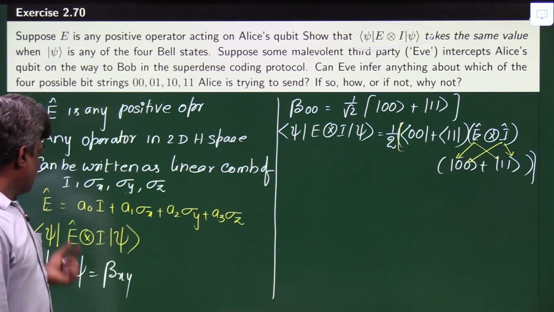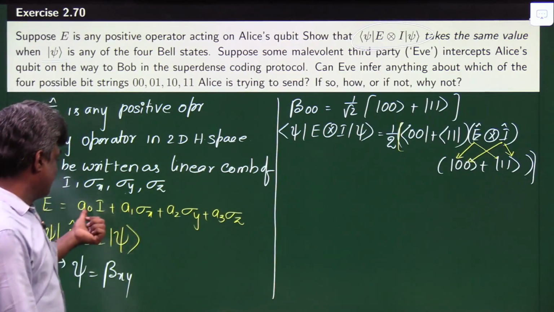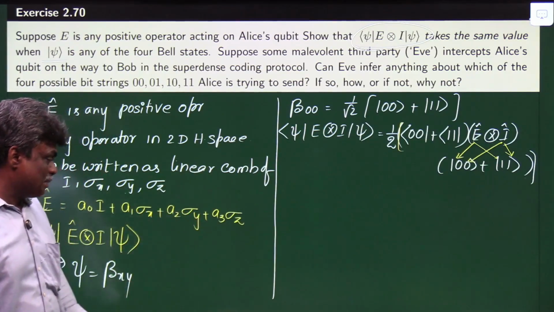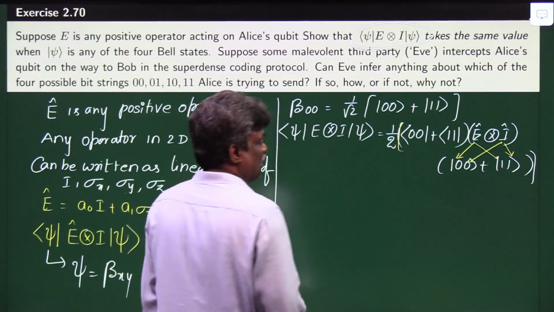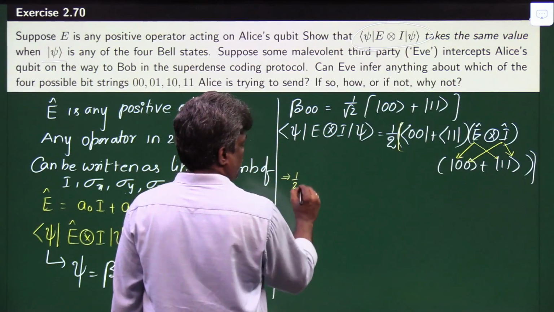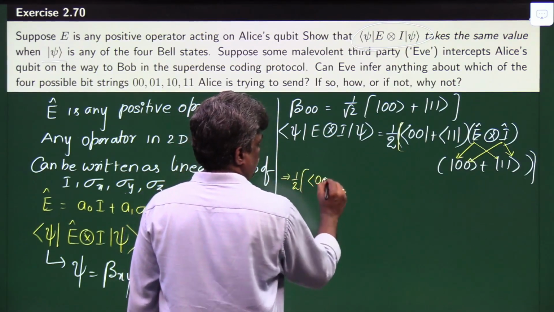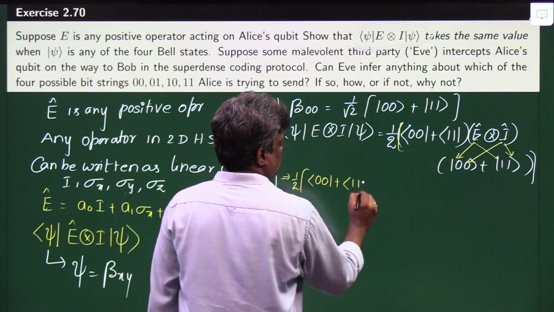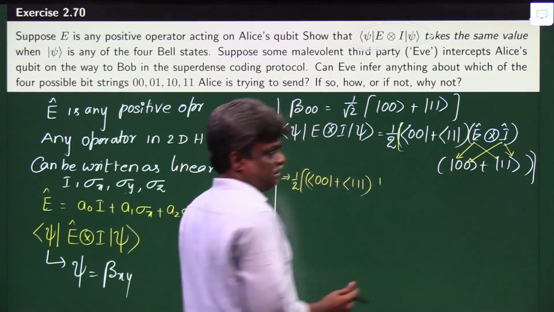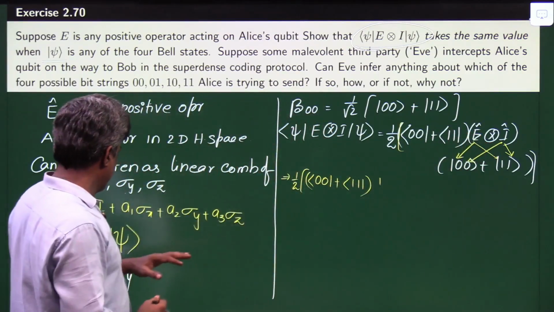Okay, fine. But remember, your E is nothing but A0 I plus A1 sigma x plus A2 sigma y plus A3 sigma z. So let me write that: 1 by 2 (⟨00| plus ⟨11|). I'm substituting this for E because I don't want to get any confusion.